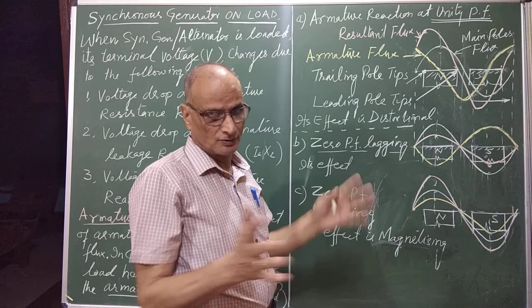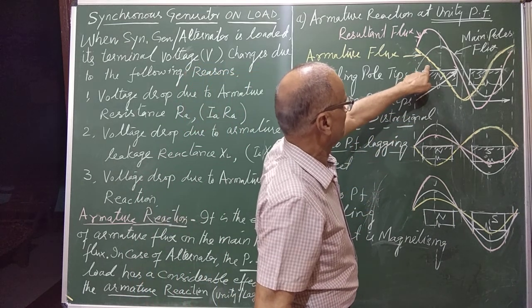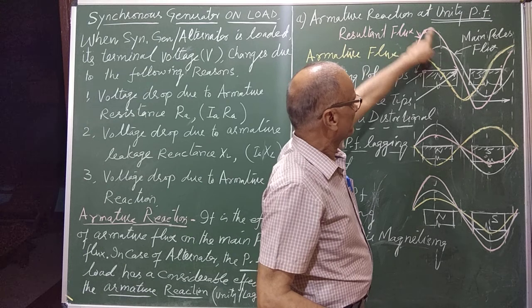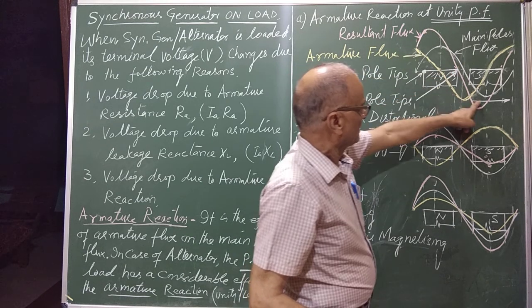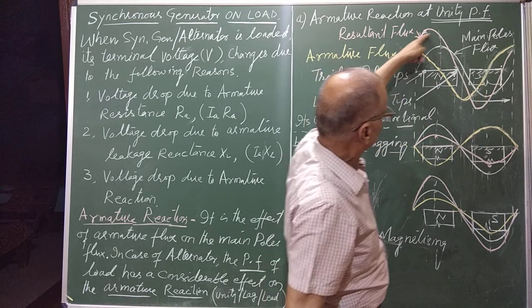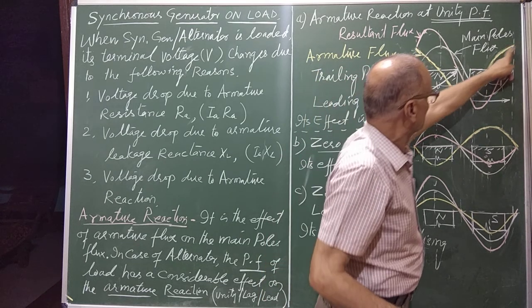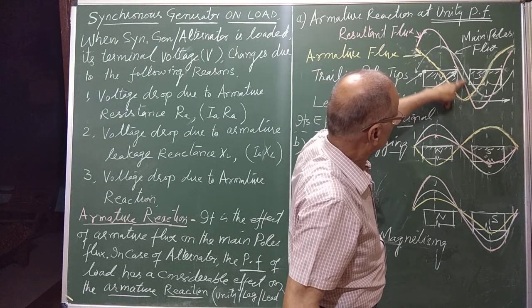Now we'll add these two fluxes. On this side both fluxes are positive, so the total flux is here. On this side, this is positive, this is negative, almost 0. In this case, this is 0, this is negative maximum, and this is the resultant flux. Red is the resultant flux wave.